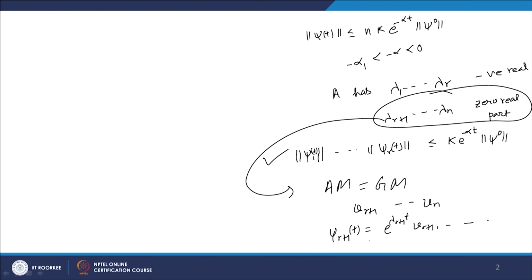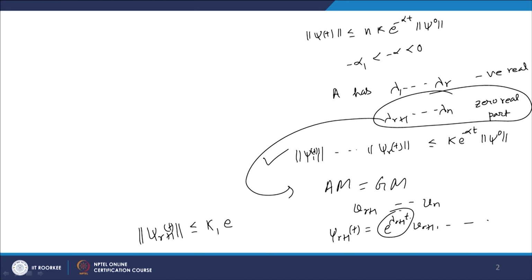So, corresponding to this I can simply write that the norm of psi r plus 1 of t is less than or equal to, I can take the same constant k here or some other constant k1, times e to the power, which simply has 0 real part.